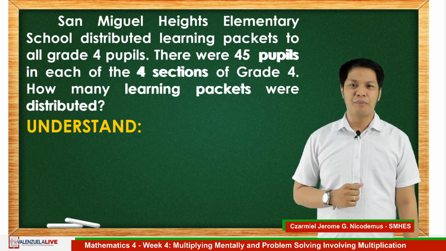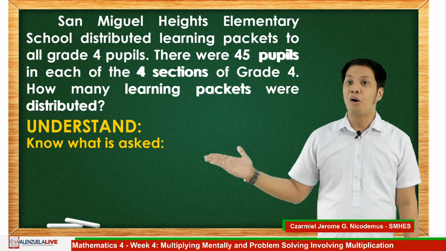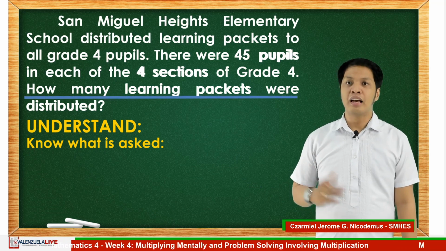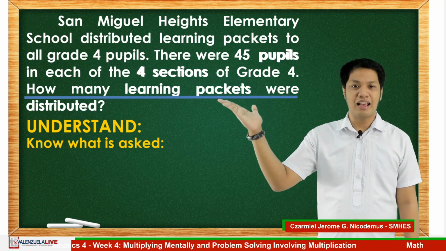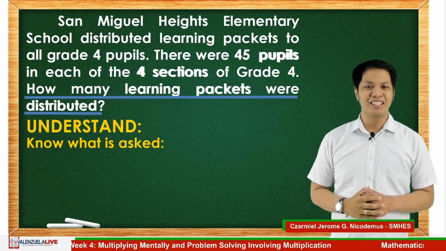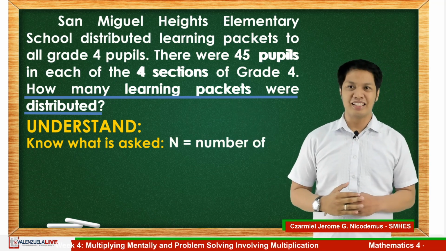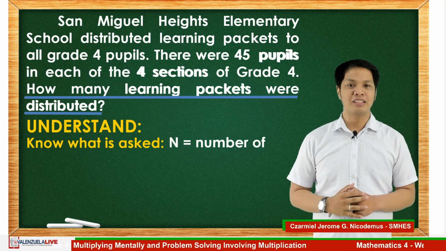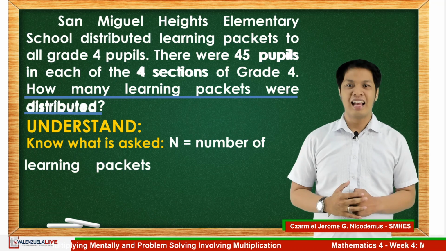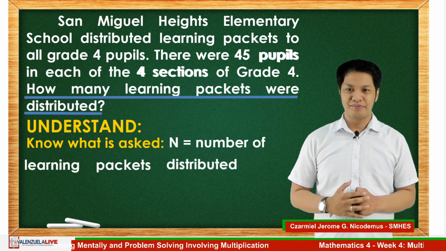To understand the problem, we need to know what is asked in the problem. This is usually the question in the last sentence of the word problem. Going back to this problem, what is asked is n equals number of learning packets distributed.